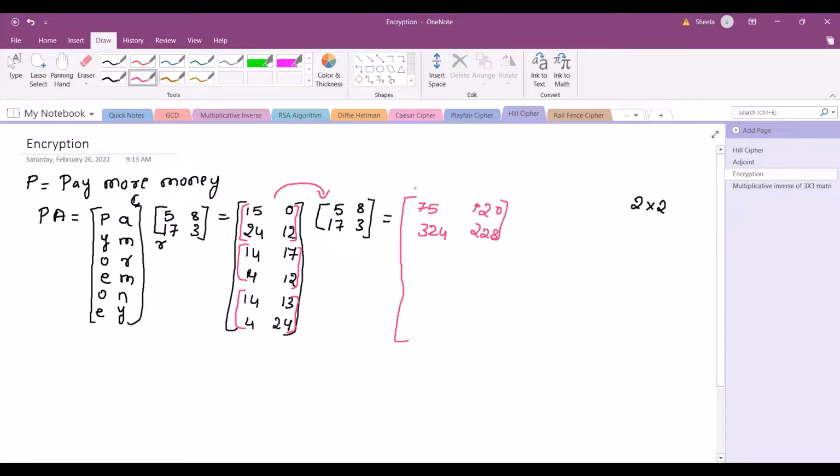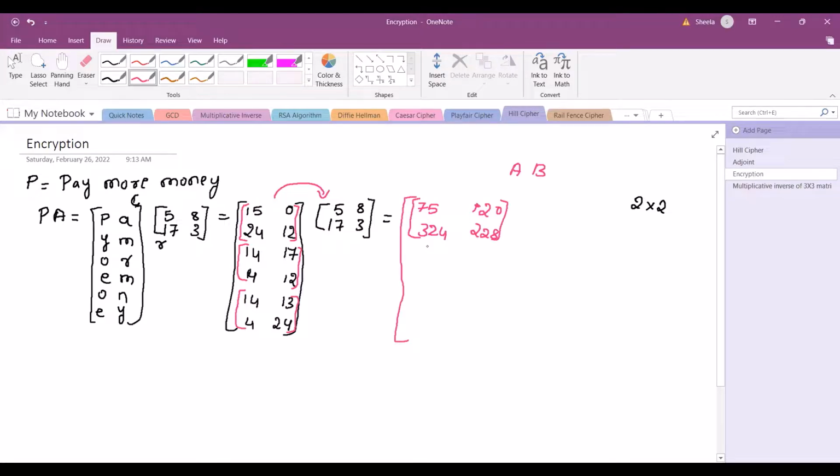Direct matrix multiplication. Here you take one submatrix as A in the calculator and the key matrix as B, and then you perform matrix multiplication. When we perform matrix multiplication, directly we will get all the 4 values.